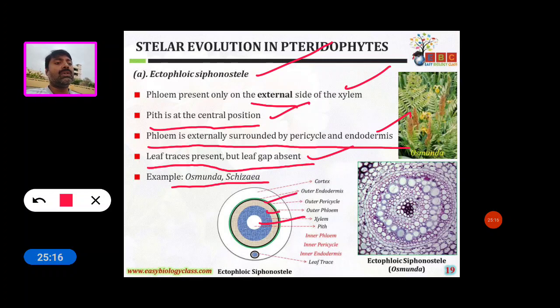This is the outer phloem and this is the inner phloem, the inner pericycle and outer pericycle, the inner endodermis and outer endodermis, and these are the leaf traces. This is the cortex. Leaf traces are present but leaf gaps are absent. This is the important point. So this is the ectophloic siphonostele of Osmunda.